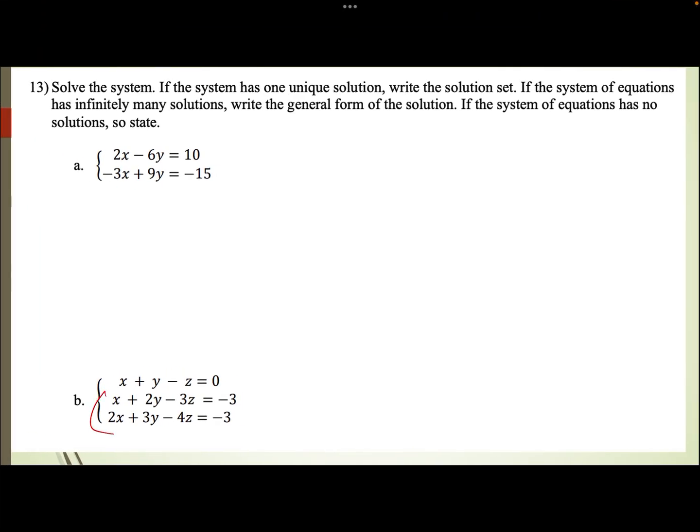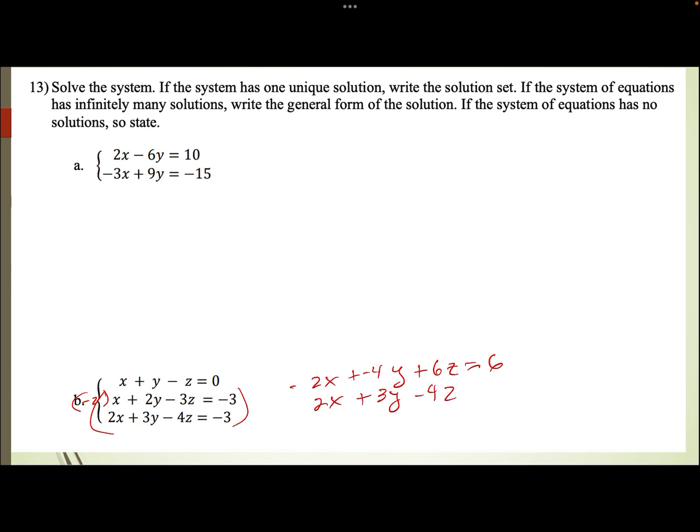Okay, so let's put these two back together again. So -2x plus -4y, because I'm timesing this one by -2, plus 6z equals 6, and put it with this one.